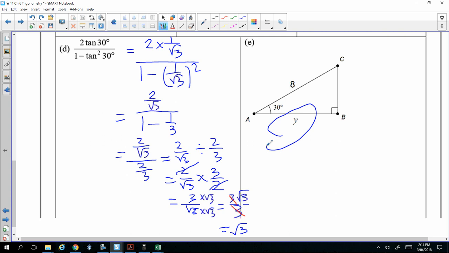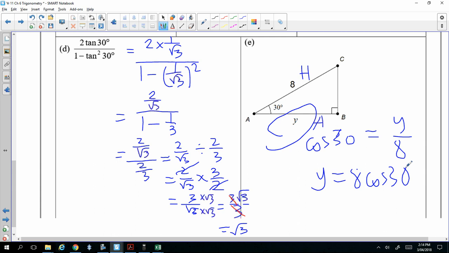So this is adjacent over hypotenuse. Use cos, so cos 30 equals y over 8. And to find y, it's 8 times cos 30. And what's cos 30? Root 3 over 2. Now, if you do it on a calculator, it doesn't give you root 3 over 2.